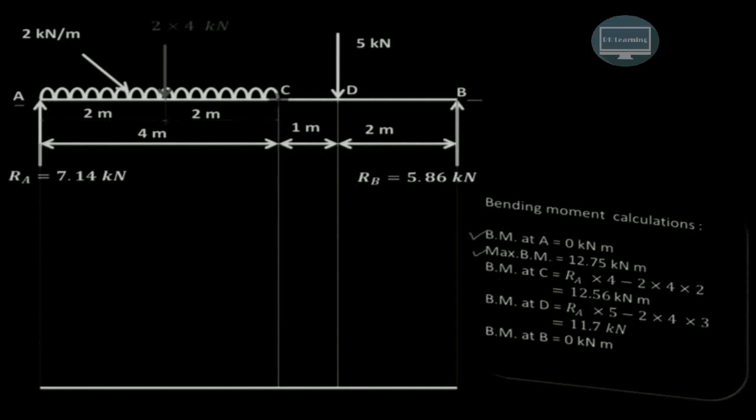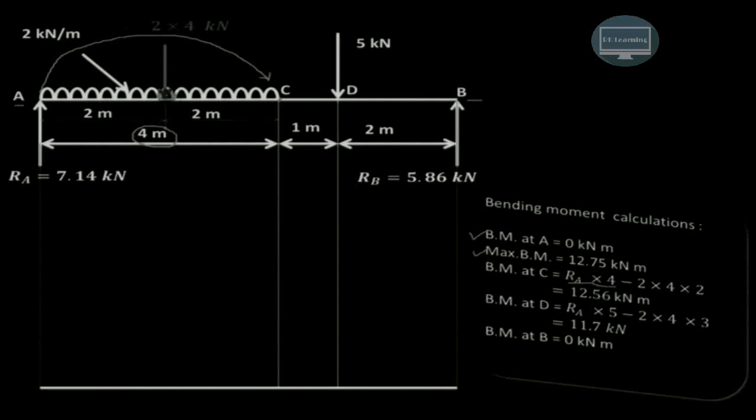Now we have to calculate the bending moment at point C, using the same concept as we have done earlier. Start with RA. RA will produce the clockwise moment about point C, therefore it is positive. So RA into the perpendicular distance from A to C, which is 4 meter. So RA into 4 is the clockwise moment that we have indicated over here.